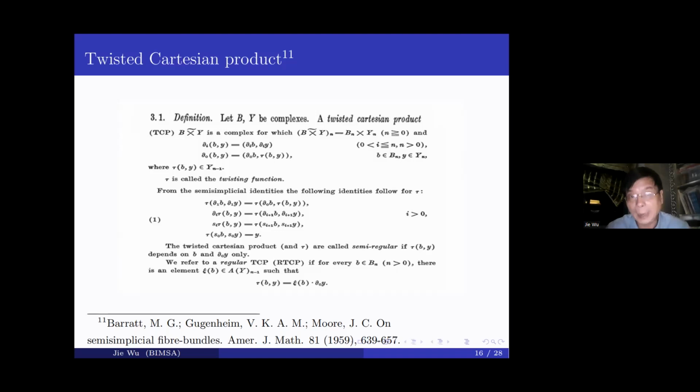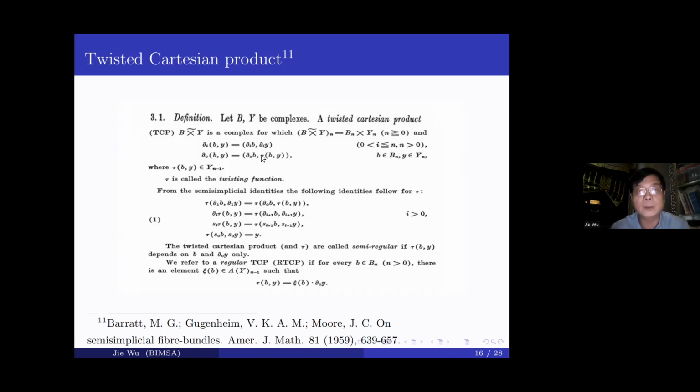Now, the interesting part is making some twisting. This is what they call the twisted Cartesian product. When you do this twisting, roughly speaking, you have operators, like the face operator and the degeneracy operator, and in one operator you need some twisting. So that's the game: you make some automorphisms move around a bit. And then they discovered that this is a nice model for fiber bundles.